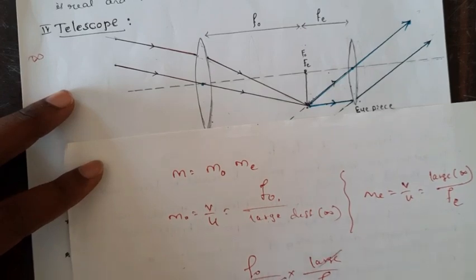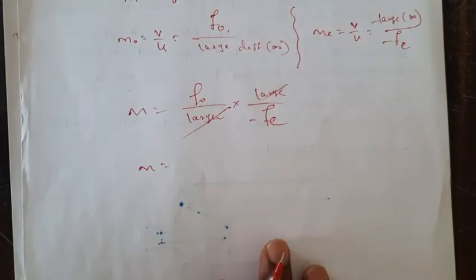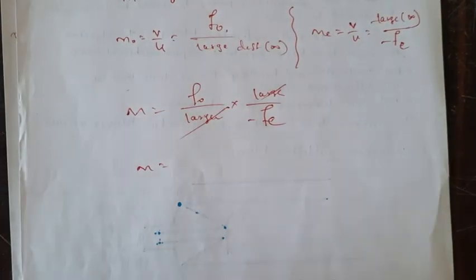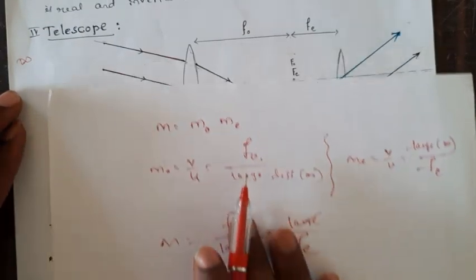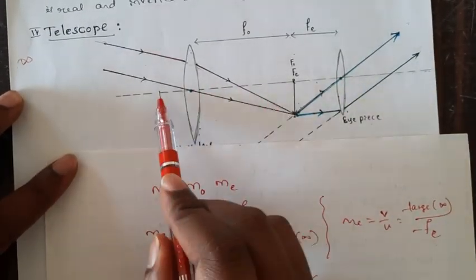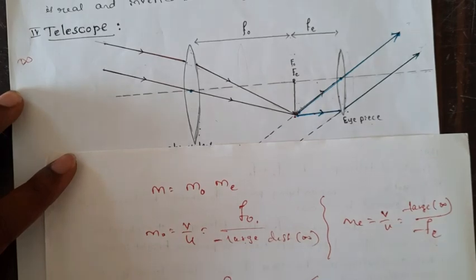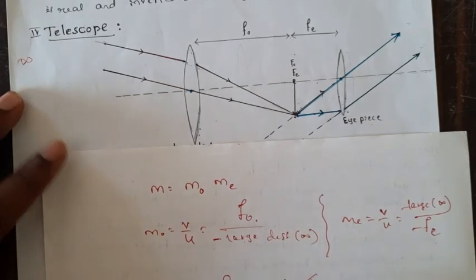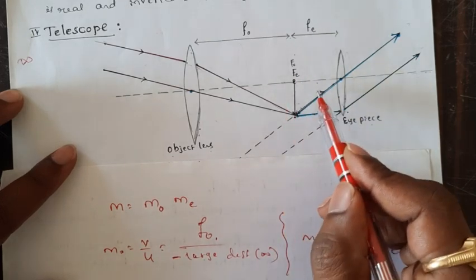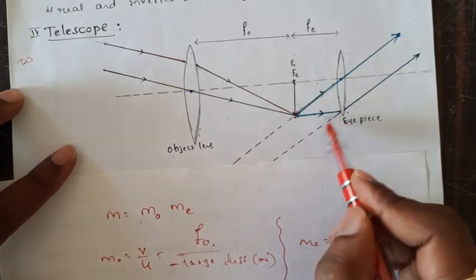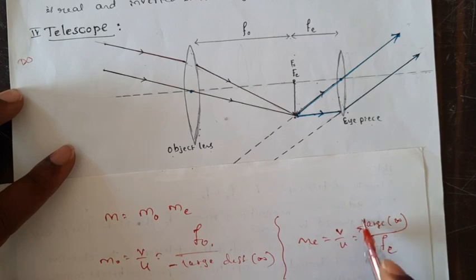Now this cancels, and we should not forget the sign convention. V is F naught, where the image is formed here. And what about the object here? This is with the negative sign. Here the object and image are both on the same side, so both U and V are negative, and the negatives cancel.